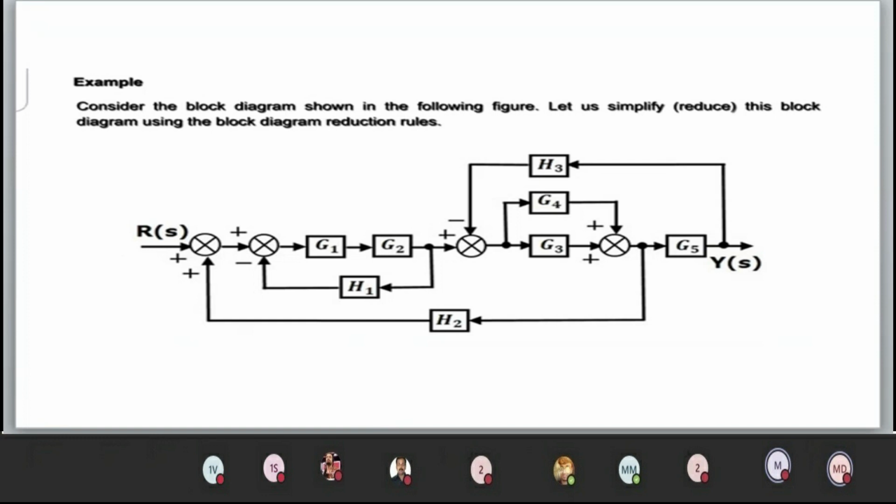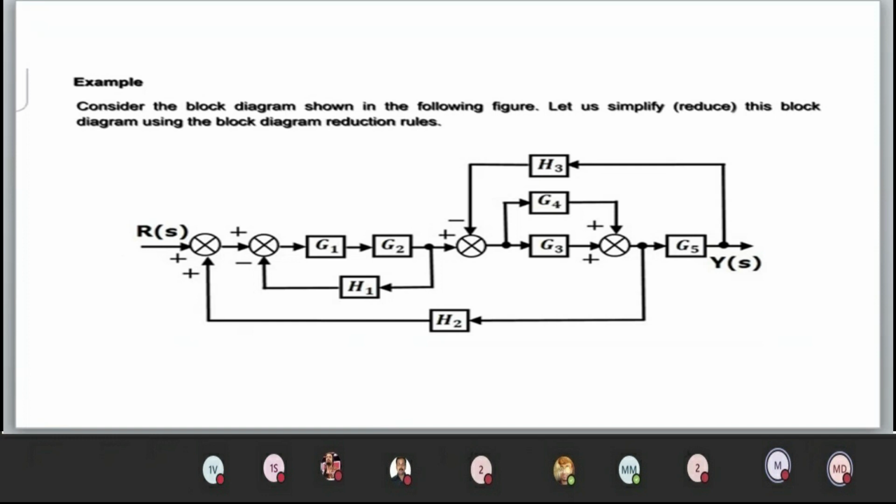Always first see whether we can use cascading or whether we can use feed forward. Then see whether you can eliminate feedback. If all the three are not possible, then you go for shifting the summing points or takeoff points, right?